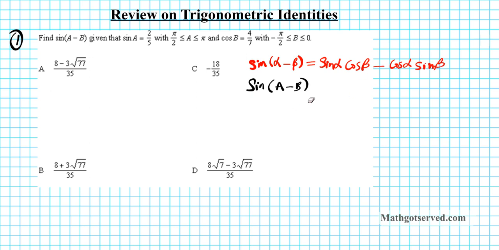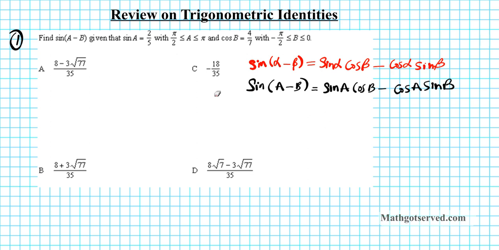Let's apply it to this formula right here. So if I apply it to this formula, sine A minus B is going to be sine A cosine B minus cosine A sine B. Okay? Alright, so let's see what we have.